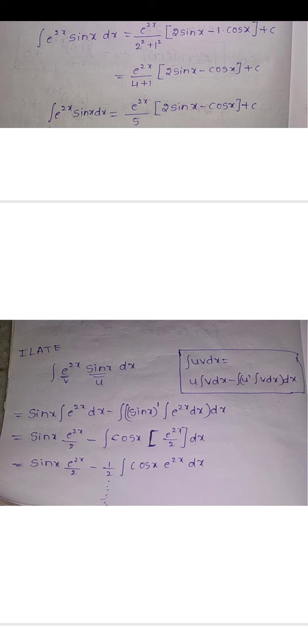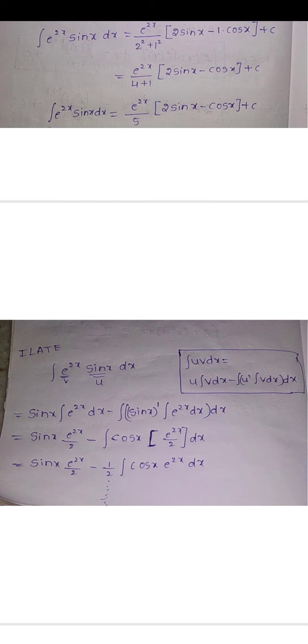What is the integral of e power ax? E power ax by a. So e power 2x by 2 minus differentiation of sin x is cos x, integration of e power ax by a, so e power 2x by 2 into dx. Now what will we get? Sin x into e power 2x by 2 minus 1 by 2 integral cos x into e power 2x dx. Now again it came as two functions, so again we have to do the ILATE rule.